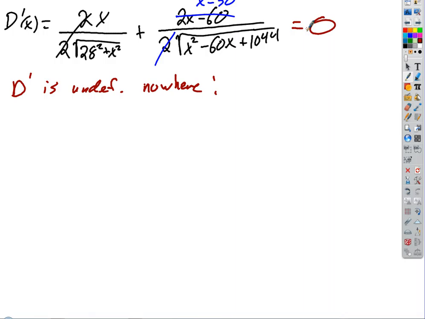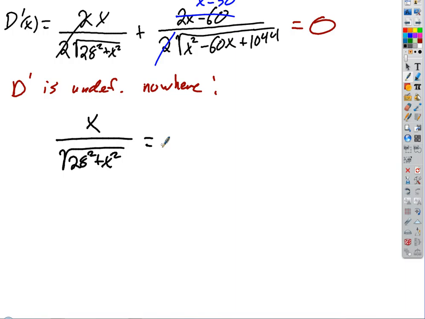We could try to write this as one big function on one side, right? It's possible, but why don't we just add this term to the other side and cross multiply? Or subtract it to the other side, much better. So we'll keep this term on the left, so we get x over the square root of this equals minus this term. So we'll make it 30 minus x instead of x minus 30, right?